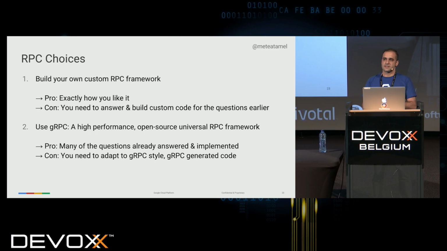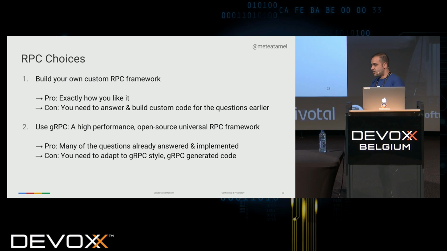When we were building the Flex data services and the RPC framework there, we really liked it because we started from scratch and built this thing, and it felt beautiful because it was exactly how we wanted it to be. But the disadvantage is that when technologies change, you need to re-answer all those questions and build code again, and that's not so great.